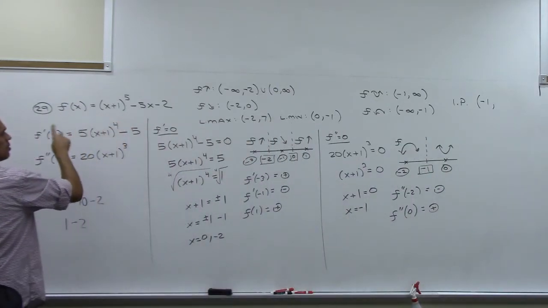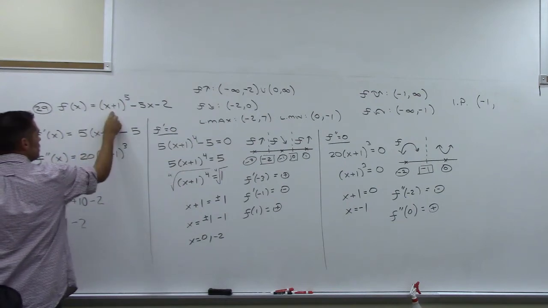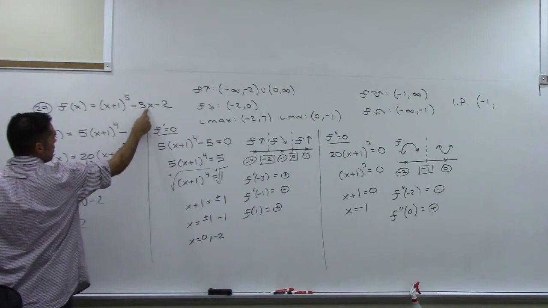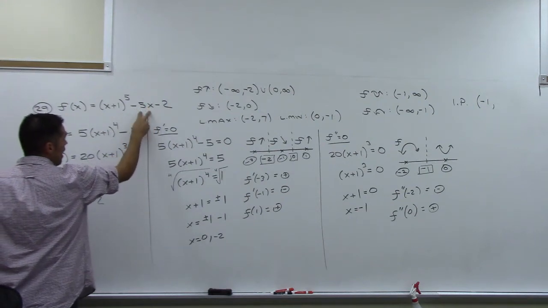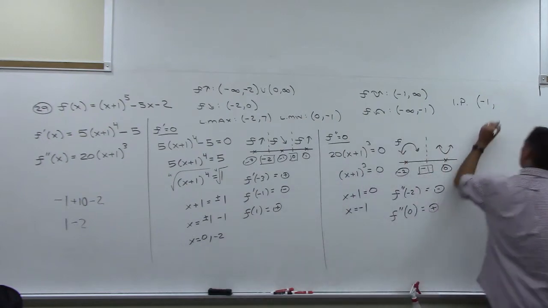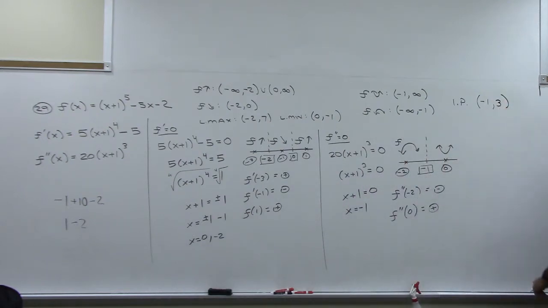So that's 0, gone. Negative 1 right here, we have negative 5 times negative 1, that's 5. 5 take away 2 is 3, so we should get 3. And that's it.